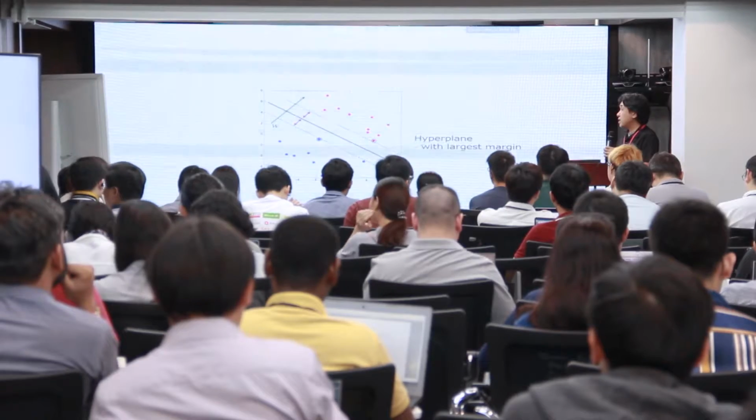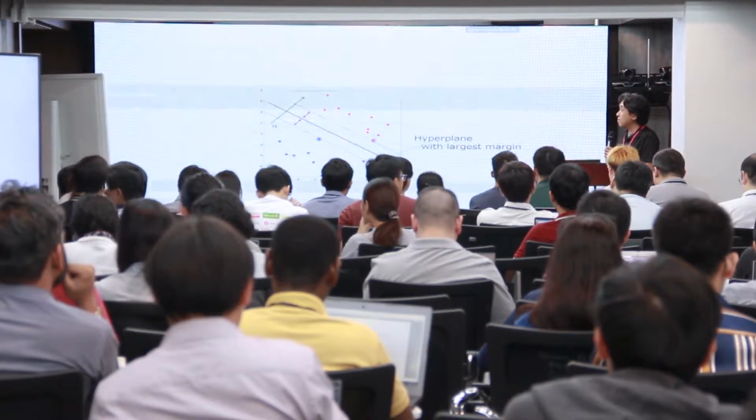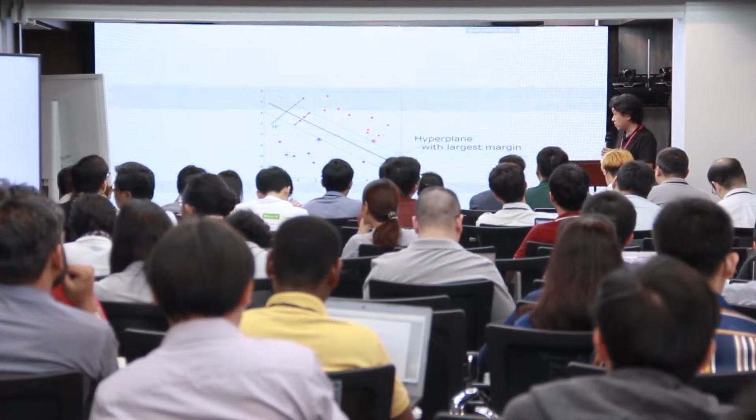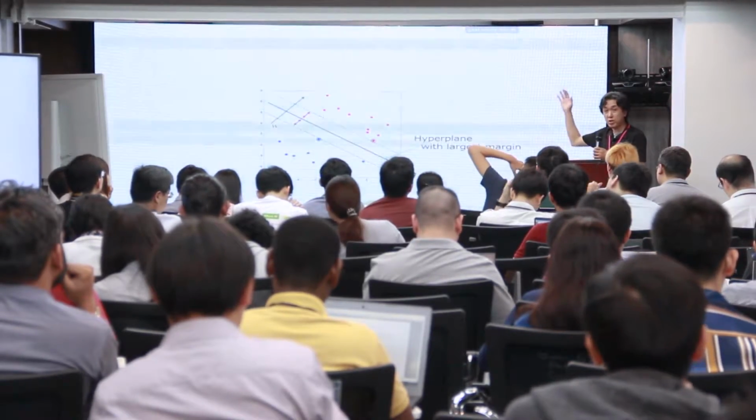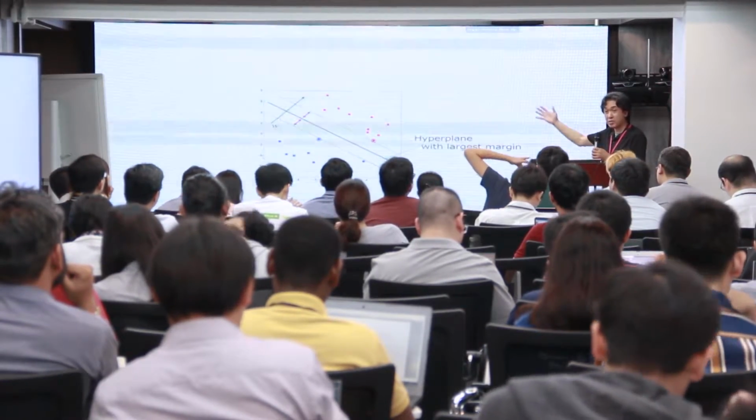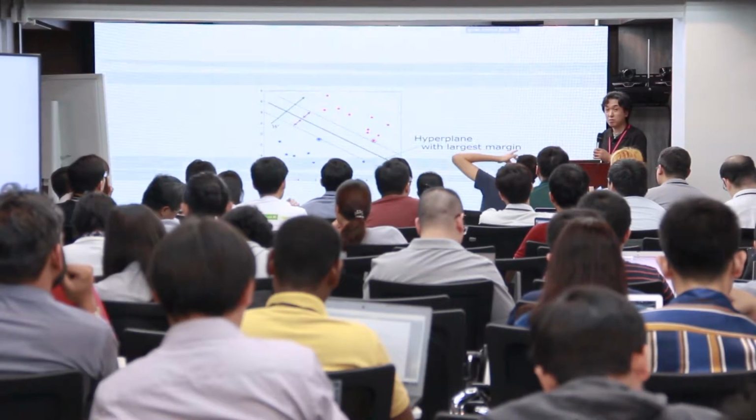However, any positive scalar multiplication gives exactly the same hyperplane and the same separation of the two regions. The plus part and minus part don't change at all.